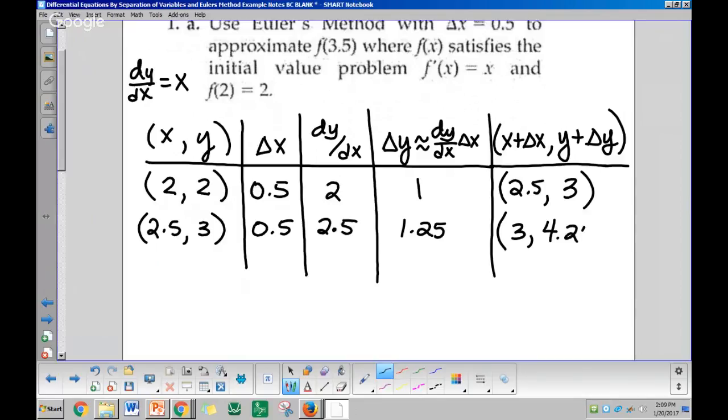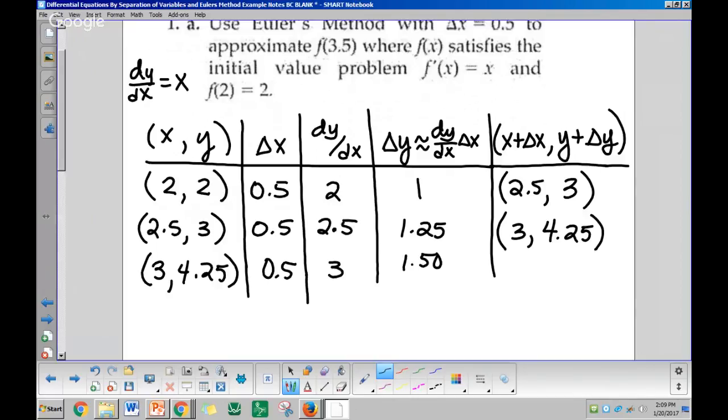Okay, I'm just making sure it's all over, right? So that's my new point, right? Am I at 3.5 yet? No, so I have to do another iteration. Delta x is still 0.5. And now I have to figure out what the slope is, and that's just 3, right? Because it's whatever x is. And then we multiply these two together to get the change in y approximation, which is 1.5.